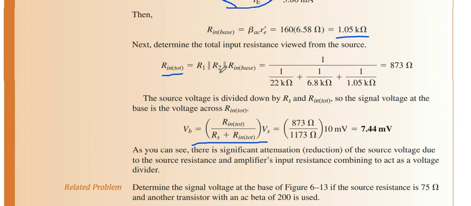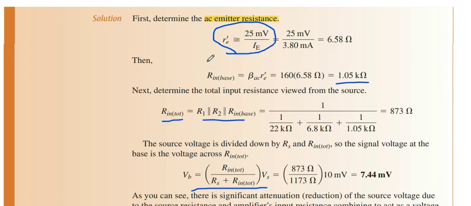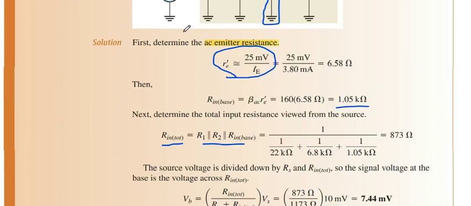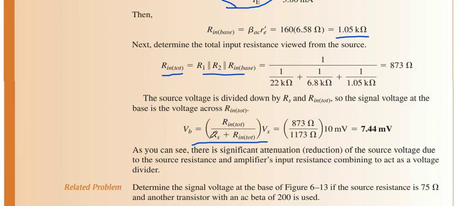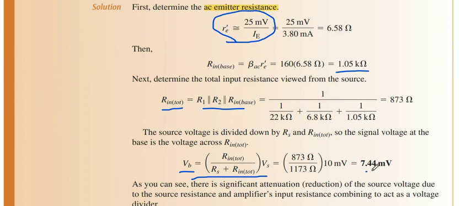So as three resistances are parallel, the total resistance becomes equal to 873 ohm. Then this 873 ohm resistance is parallel to the RS. So we can calculate it and multiply by the source voltage, and we get the VB, voltage at base.